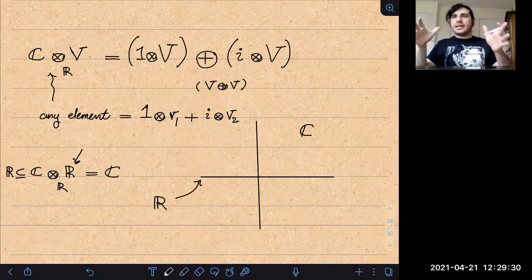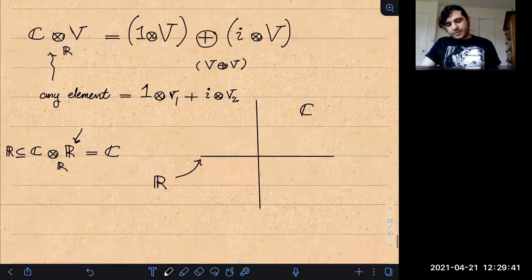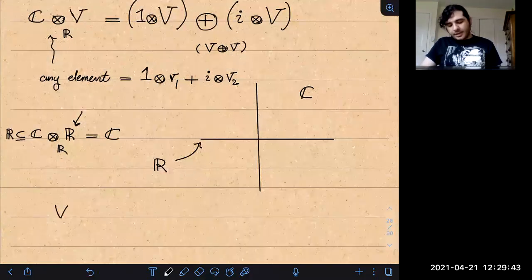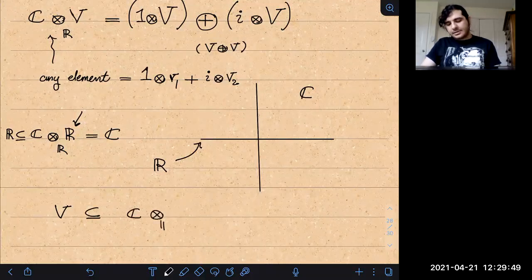You can think about R as a subvector space included inside its complexification. How does it work? More accurately, we can think about V as a subspace of C tensor V. How is that?